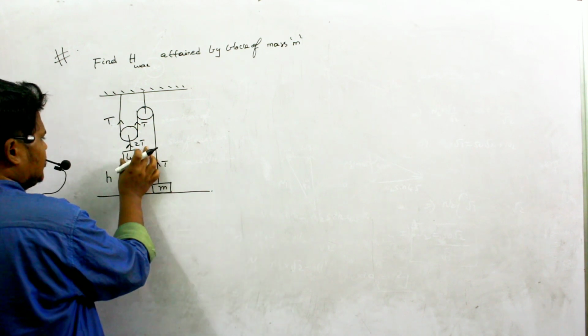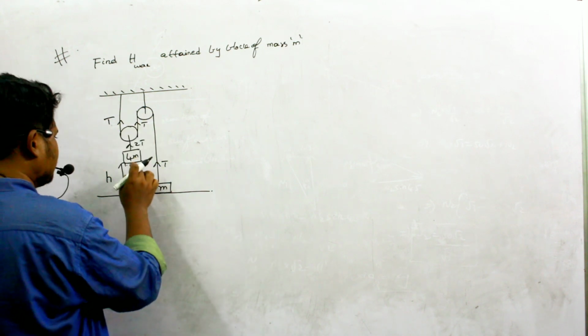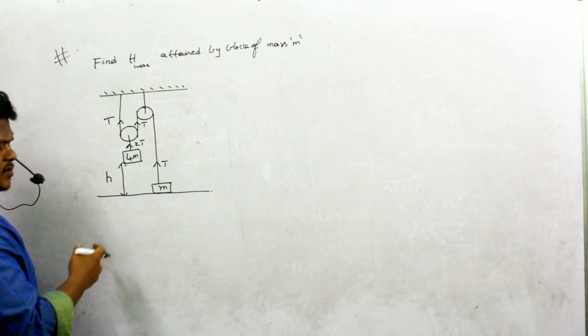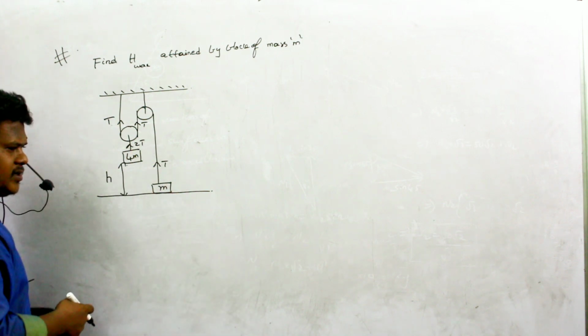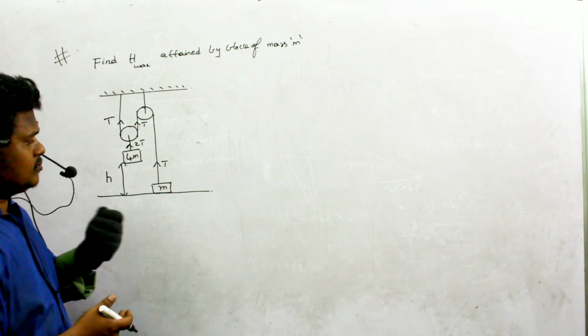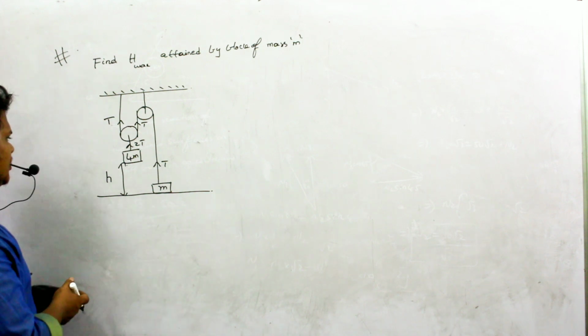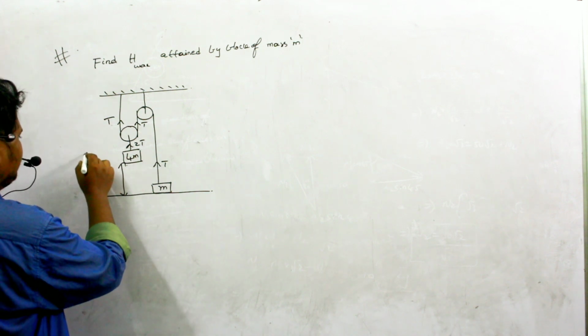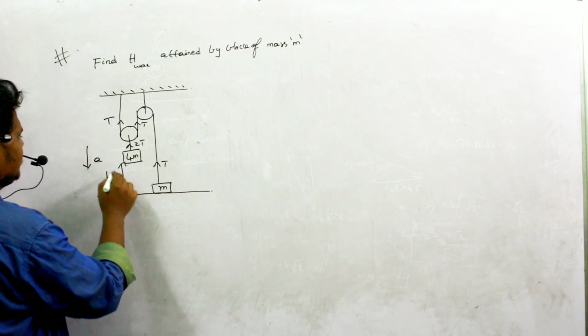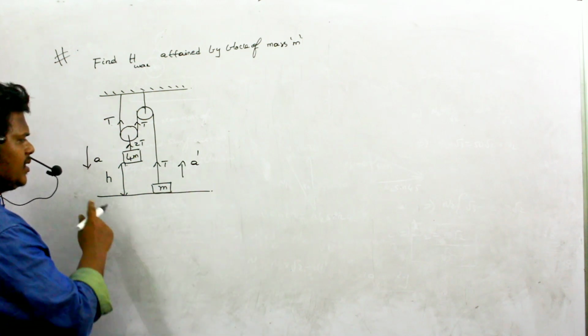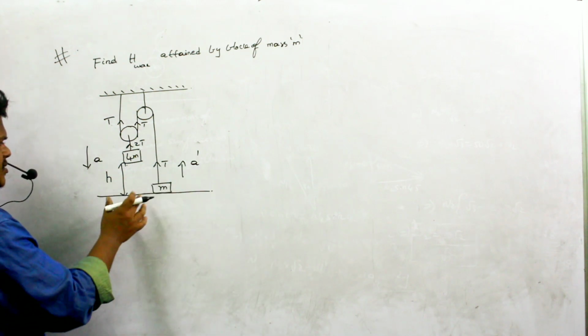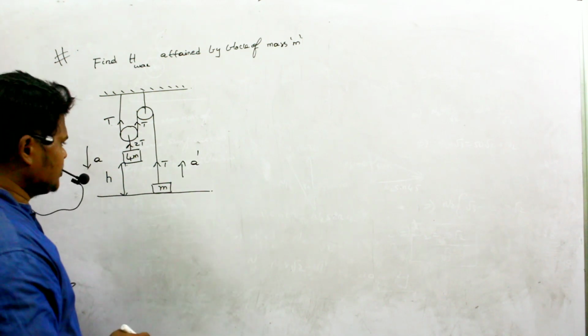Here 2T is pulling this body upwards, but it will come down. So the angle between 2T and the motion of this body is 180 degrees, as they are in opposite directions. If I take this acceleration to be A, and this body moves upwards with acceleration A dash, let us derive a constraint relation between these two accelerations.